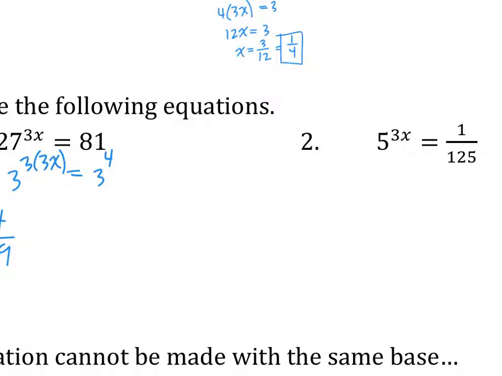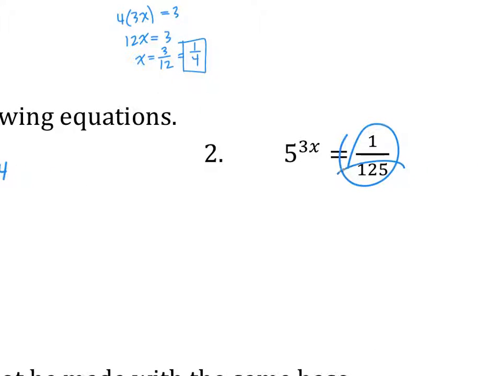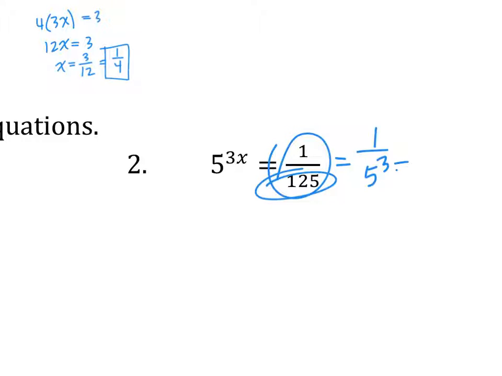No. Okay. So this 1 over 125 is the problem, right? So 125 is 5 to the what power? 3. So 1 over 5 to the 3rd. So this becomes 5 to the -3. So then 3x is equal to -3. And x is equal to -1.